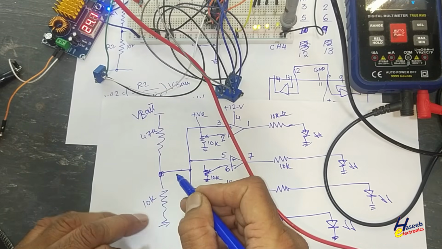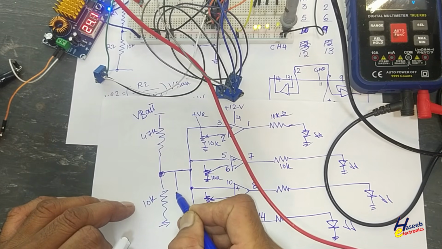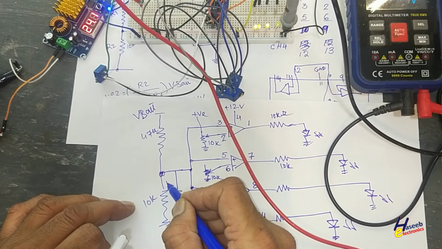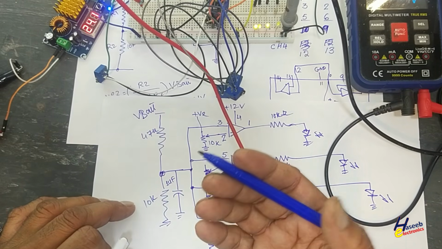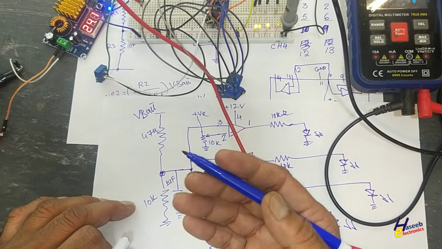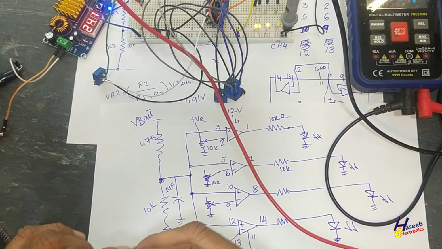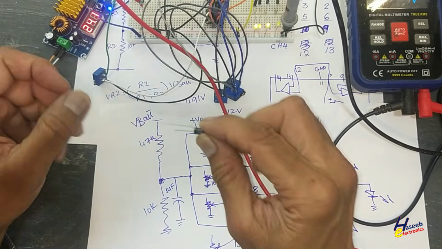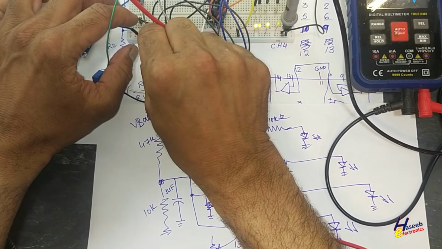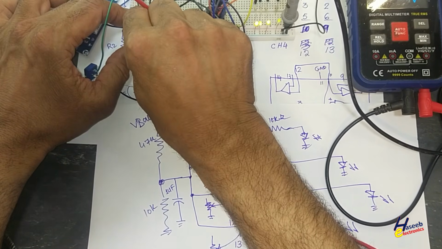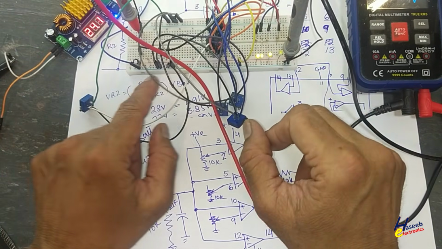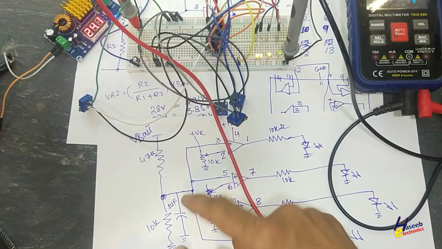To make smooth switching, the best way is to connect a capacitor of 1 microfarad, 16 volt, 25 volt, 50 volt, 25 volt is good. It will protect the circuit from false switching, from ripples across this low side resistor. I connected the capacitor across this 10K resistor.